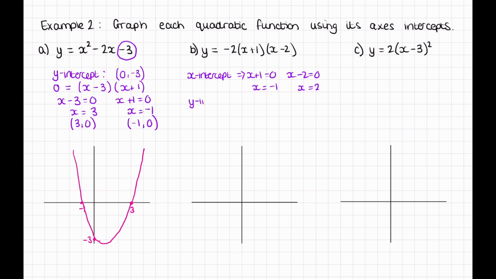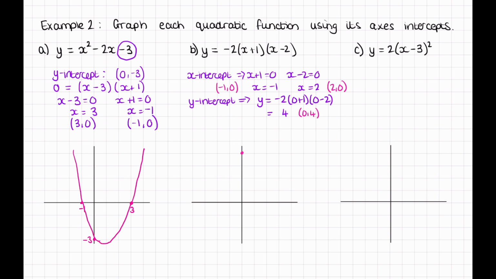Because we don't have it in the form like part A, we need to work it out. It'll be negative 2, bracket 0 plus 1, bracket 0 minus 2. Solve that and you'll get an answer of 4. So our coordinates will be 0, 4 for the y-intercept, and negative 1, 0 and 2, 0 for the x-intercepts.